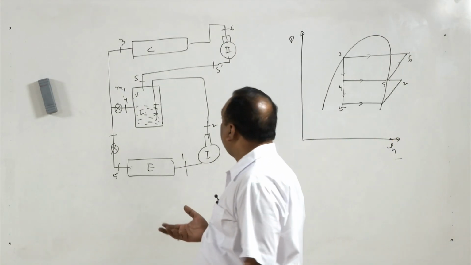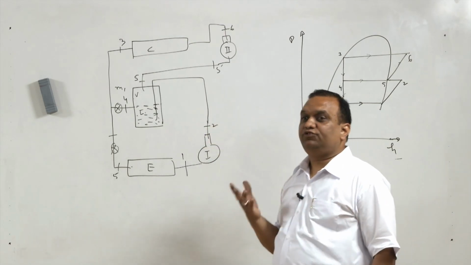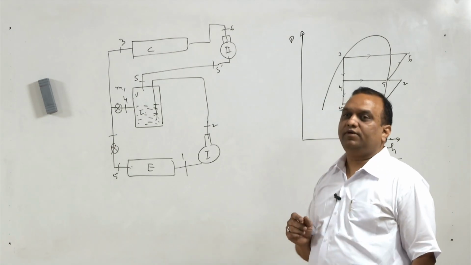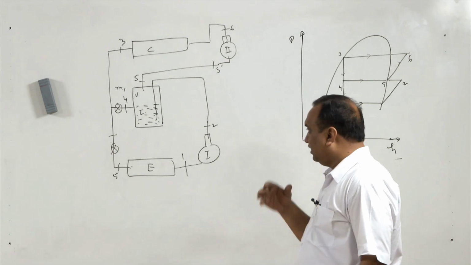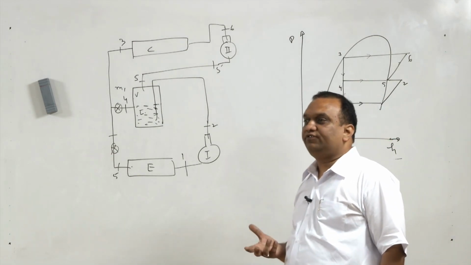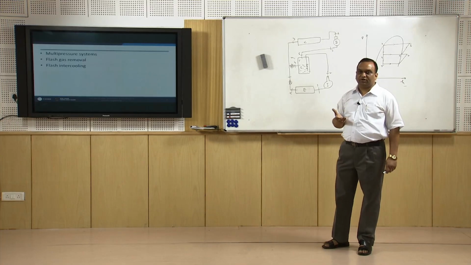Now, if we take the example of ammonia, ammonia has very high latent heat. So if de-superheating is taking place in the case of ammonia, a small amount of ammonia will be evaporated. But for example R134A, ammonia has latent heat more than 6 to 7 times the latent heat of R134A.